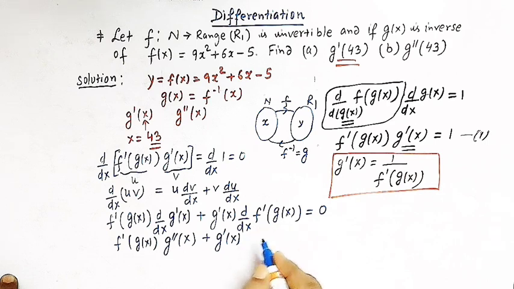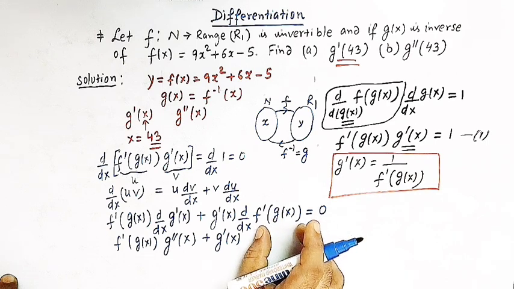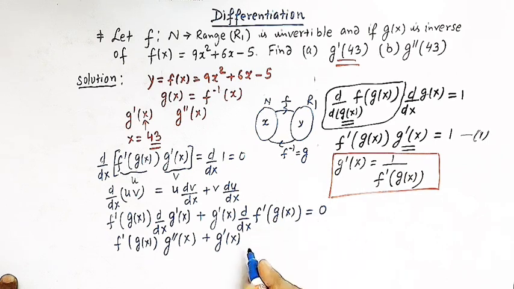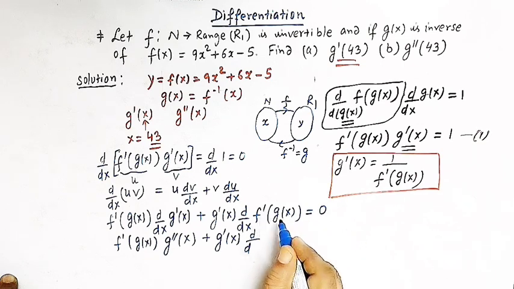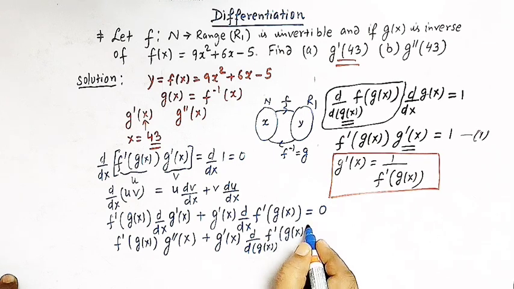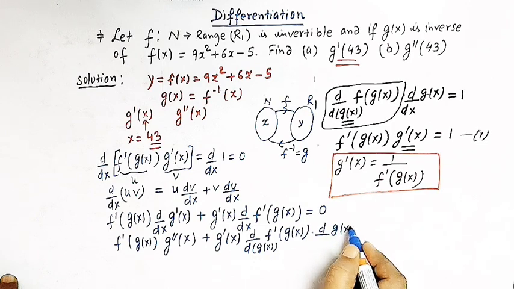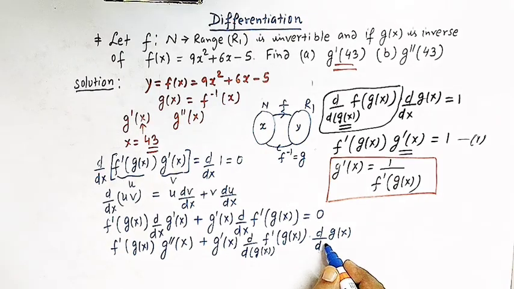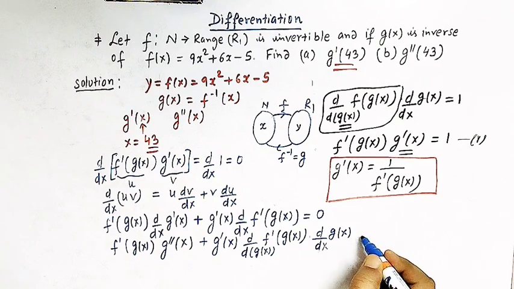Here we can again make use of the chain rule. First we differentiate f prime of g of x with respect to g of x, and then by chain rule we multiply by the derivative of g of x with respect to x, and here we have 0.